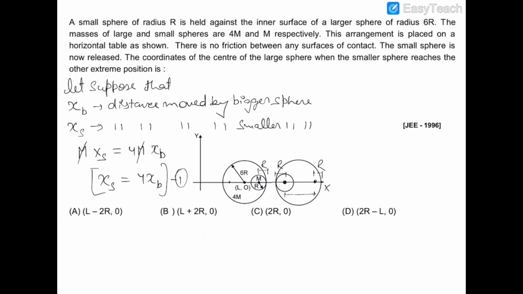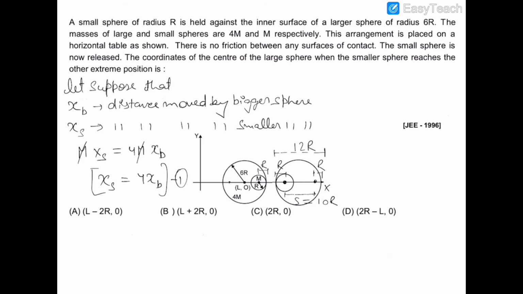Therefore this distance s would be equal to 10r, because this complete distance is equal to 12r, and therefore this remaining distance s is equal to 10r.